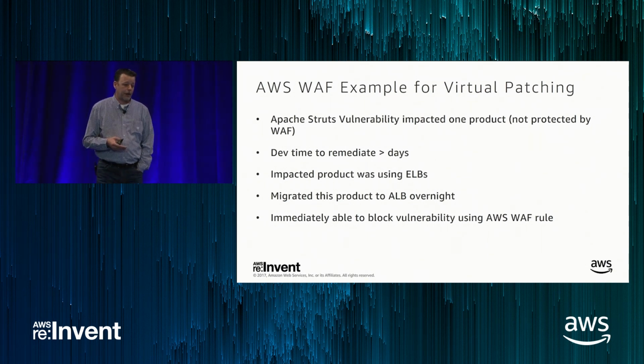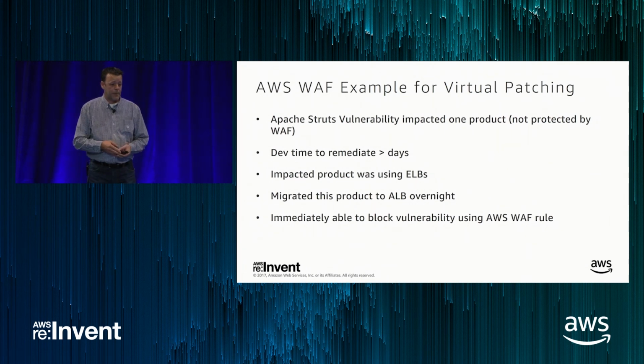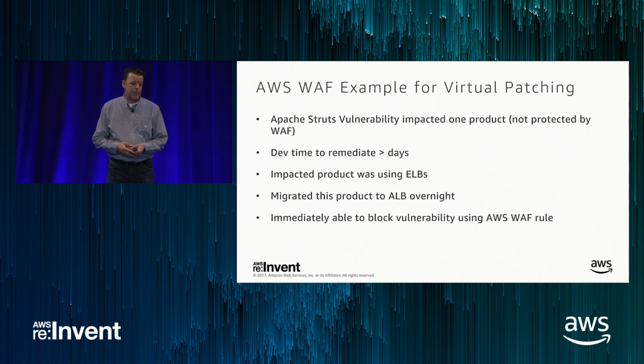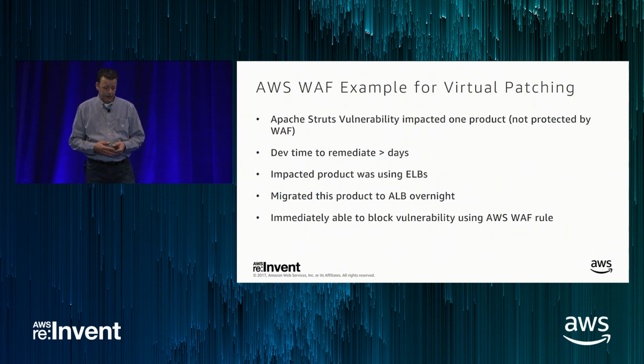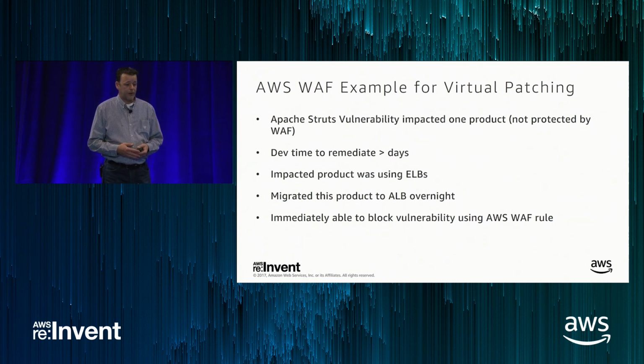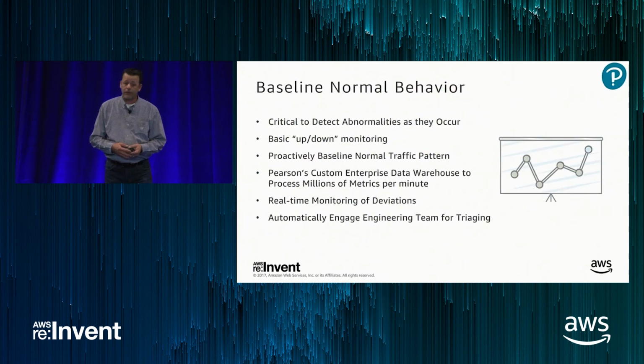It was sitting on early days ELB1 infrastructure. We talked to our development teams, and they gave us an estimate: time to remediate was about 2 weeks. So the infrastructure teams migrated those ELBs to ALBs pretty much overnight, and we were immediately able to block the vulnerability using a simple AWS WAF rule.